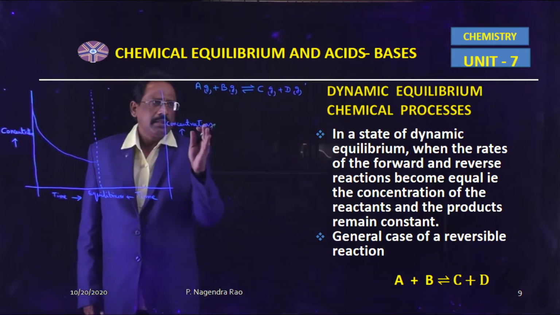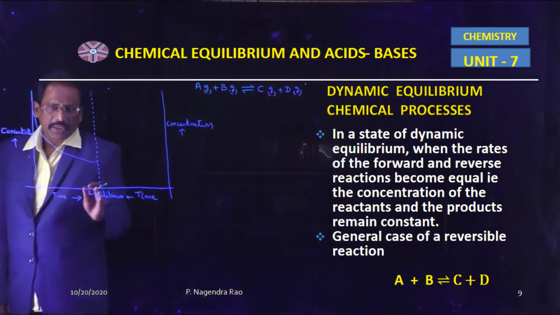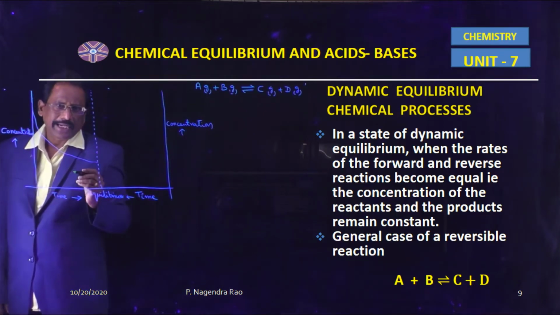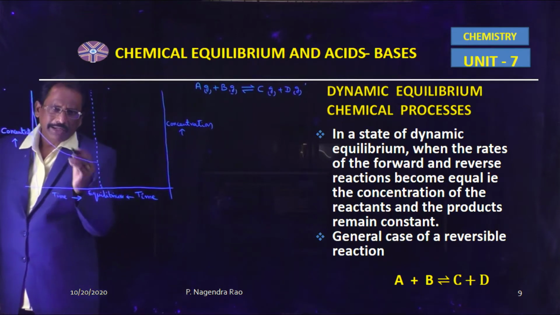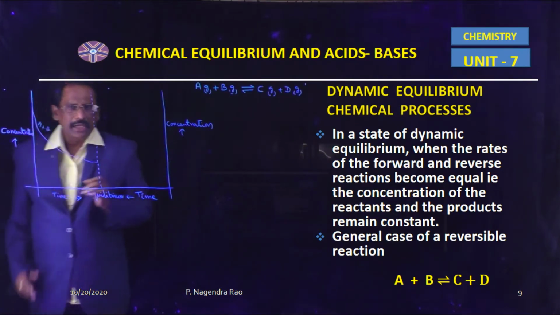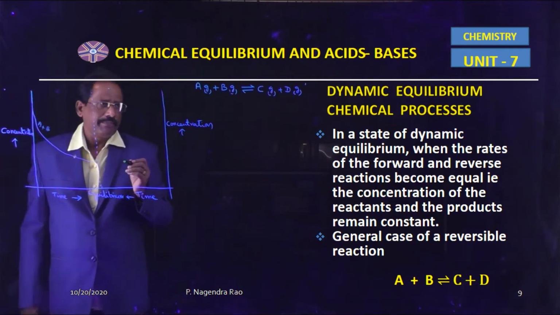Slowly the products will be formed. So when time increases, slowly the concentration of the reactants, that means A and B, decreases with respect to time.